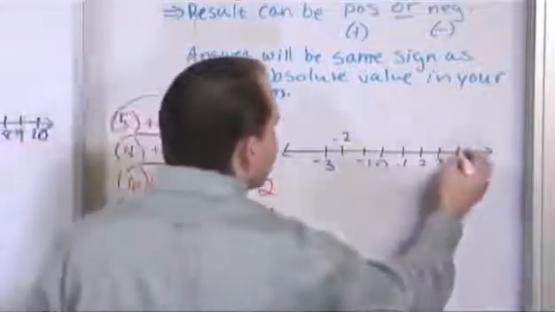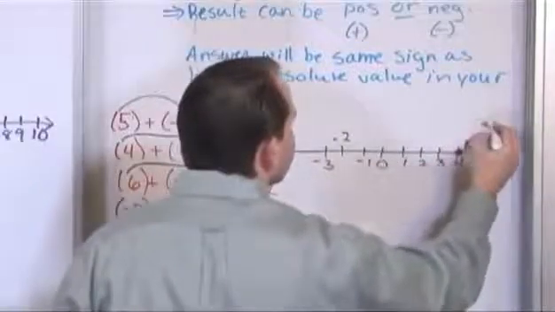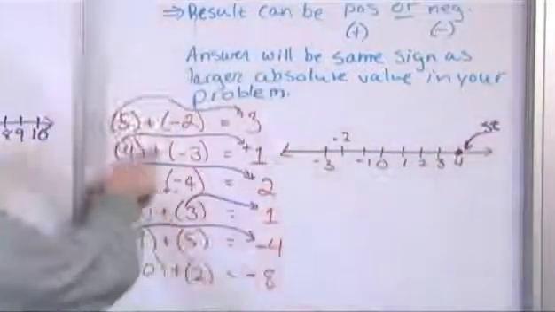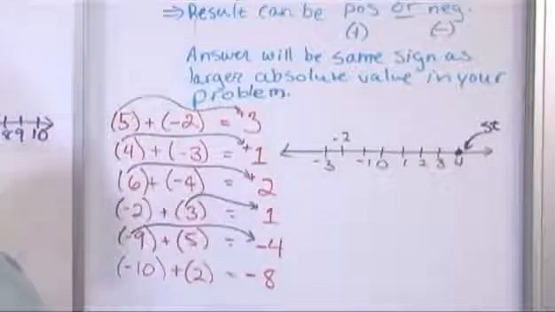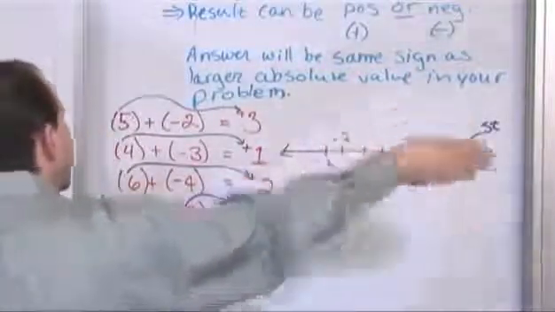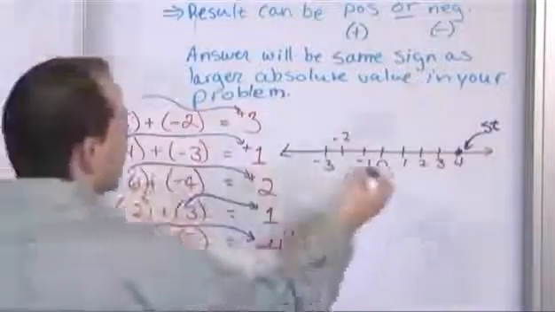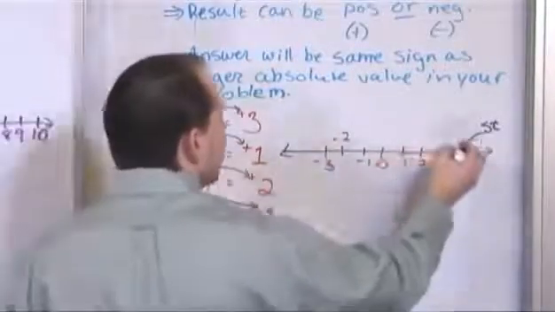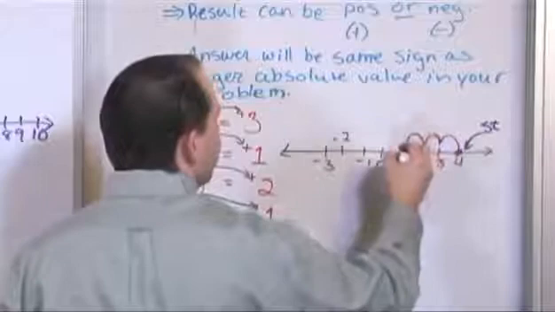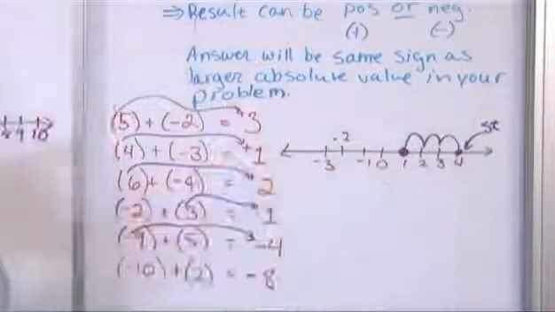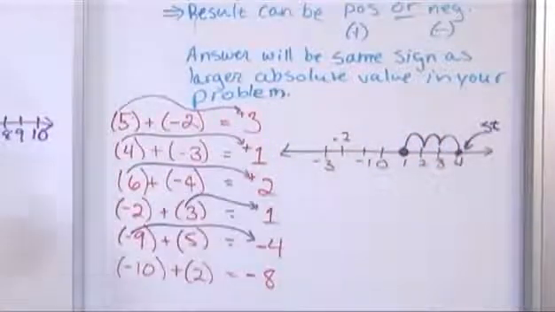You start over here, so I'm going to put a little arrow, start. That's where I'm starting. And I'm adding to it a negative number, which means I'm not going to go to the right, because I'm not adding a positive number. I'm adding a negative number, so I'm going to go to the left, 3 units. 1, 2, 3. So I landed here. The answer is positive 1. Just exactly what we got.